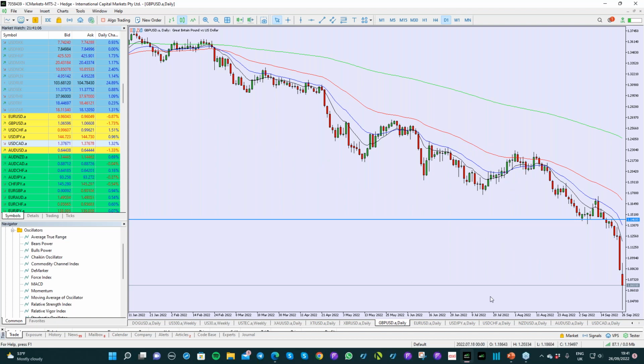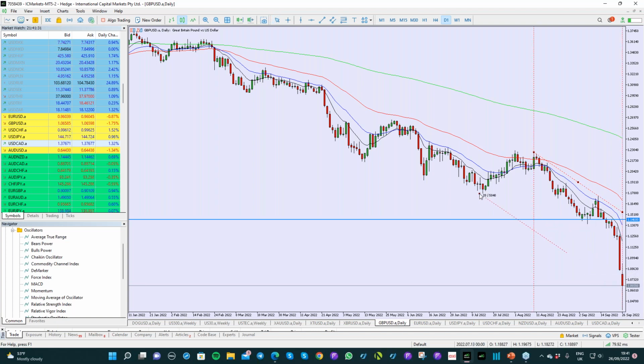Right now, at this exact moment on cable, your question being which is the most appropriate channel to draw, I mean, price has broken below any channel that could be drawn on this chart. Even if I were to draw this most recent channel here, connecting those highs, price has well long since broken beneath the low of that.